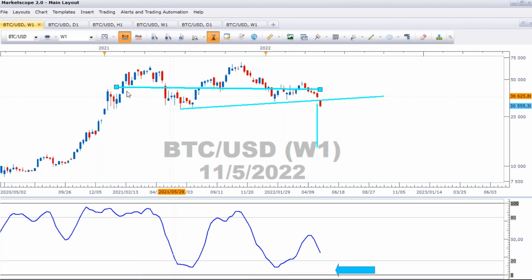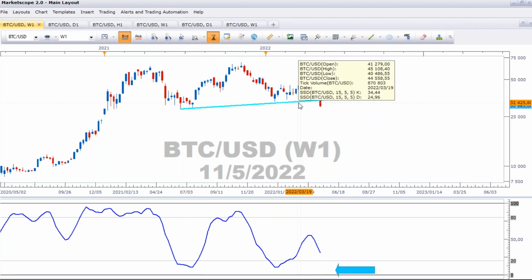And after so much churning, we've been churning here since the beginning of 2021, there's just so much pent-up potential energy here that eventually the last buyer that's part of this huge topping pattern gets sucked in, and then the potential energy mutates into kinetic energy, and it gets pushed down on a much larger scale than a smaller pattern. So that, I think, is a way that we can look at it.